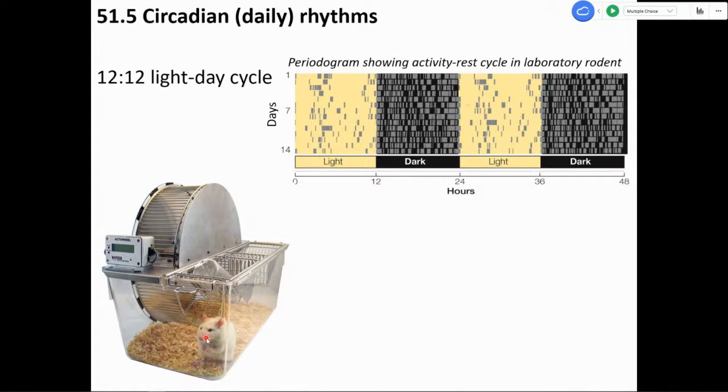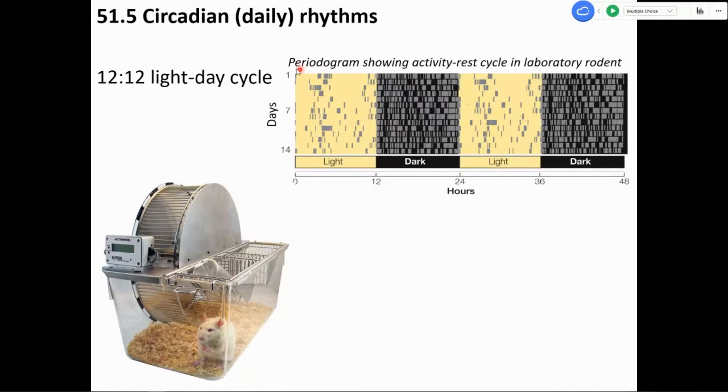Here is a lab rodent, and voluntarily, what they tend to do is get on these little spinning wheels and run around them when they're up and about and active. That's a nice way to log their behavior, because this little spinning wheel could be linked to a data logger that records when it is spinning and when it's not, and that can be used to show periods of activity and non-activity for these rodents.